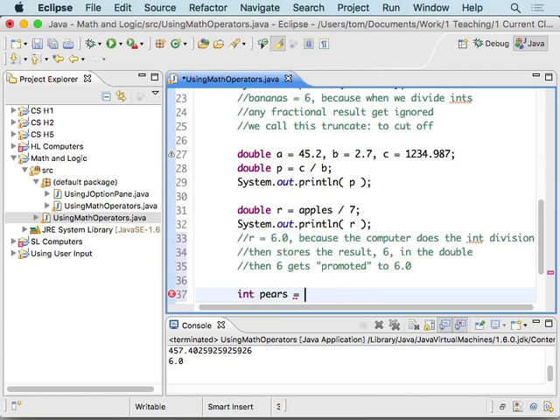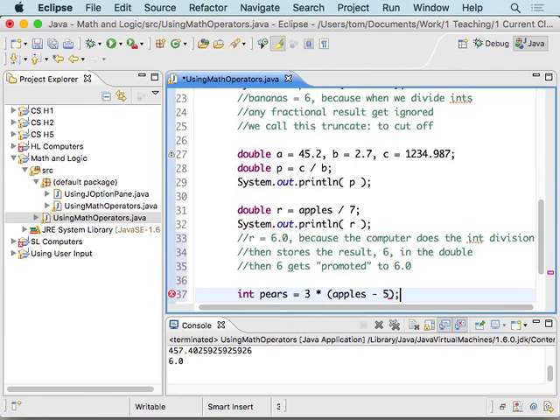We have to take apples minus 5, and then multiply that by 3. We want to do some order of operations things here. We're going to write an expression that does what we just said. So we're going to go 3 times, and then we have to take the number of apples and subtract 5 from it.